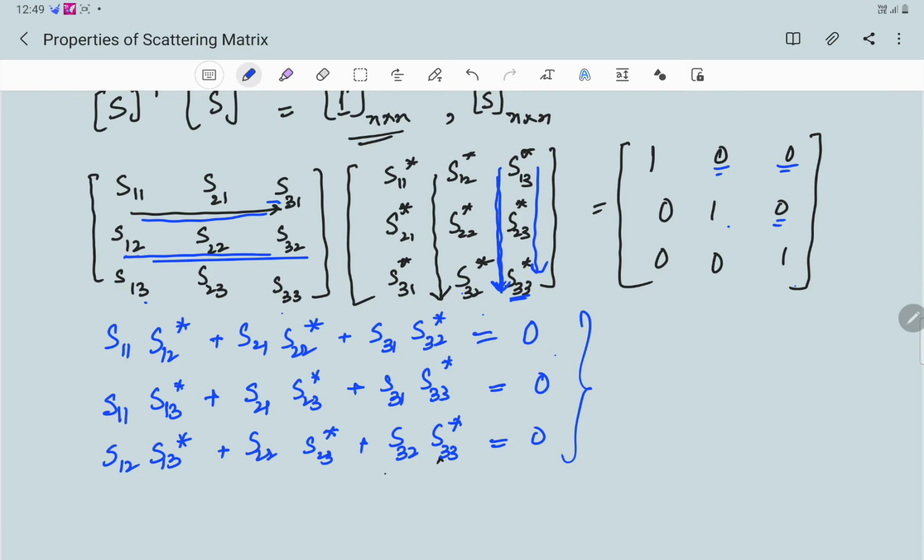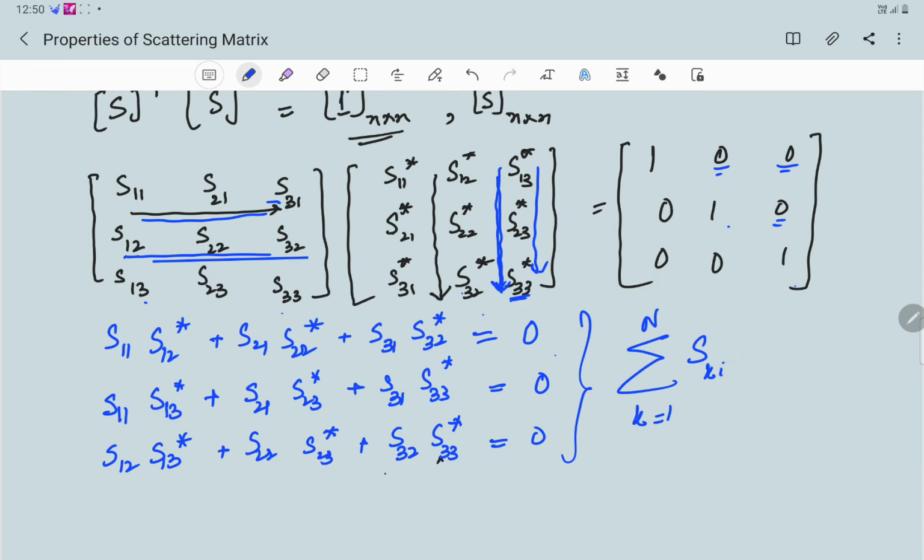So I can write this in summation form as sigma k running from 1 to n. In this case, we have taken this example for a 3-port network, but in general we can have an n-port network, and in that case, k can run from 1 to n.